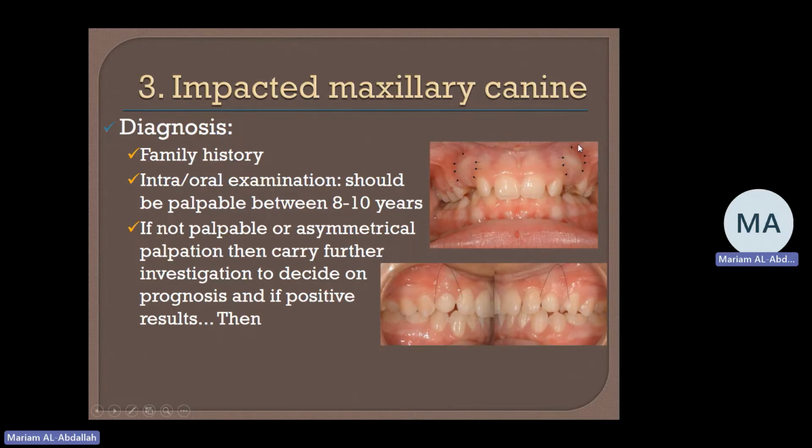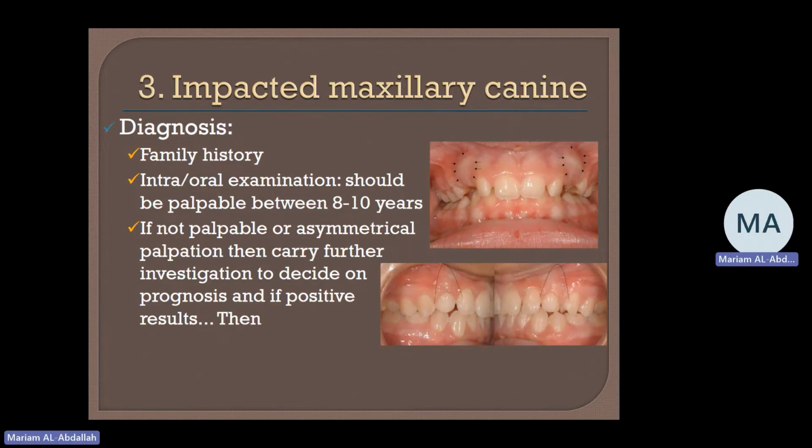We're supposed to see or feel buccal bulging between 8 and 10. This is the typical normal buccal bulging of the erupting canine. It's supposed to be there and it's supposed to be symmetrical. So if we have lack of bulging up to the age of 10 or we have asymmetric bulging, then this is a problem.